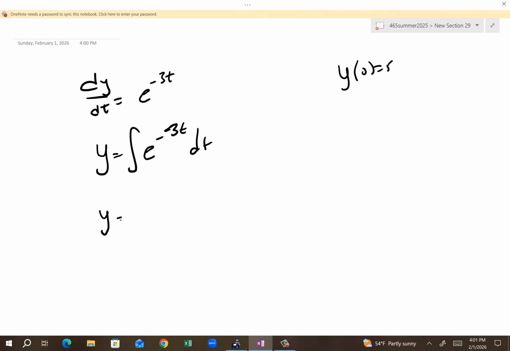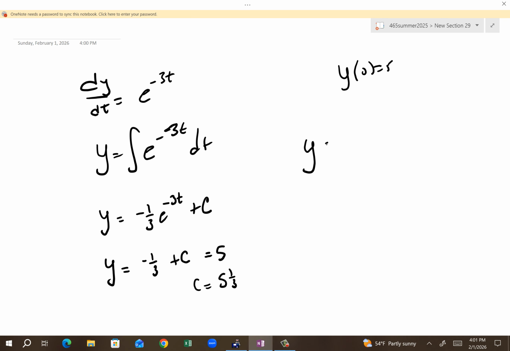Well, then what I'd end up with is y equals negative 1/3 e to the negative 3t plus a constant. y of 0 would be negative 1/3 plus c, and that's supposed to equal 5. So c better equal 5 1/3. And so my final answer would be something along those lines. Okay? Yay!